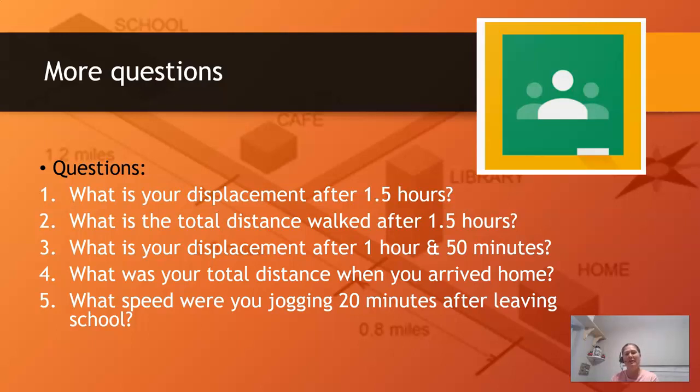You also want to take a look at your displacement after 1 hour and 50 minutes. Note that that's different than 1.5 hours. In question 4, you'll be looking at your total distance when you arrived home. And in question 5, try to figure out what speed you were jogging 20 minutes after leaving your school on the way to the library.